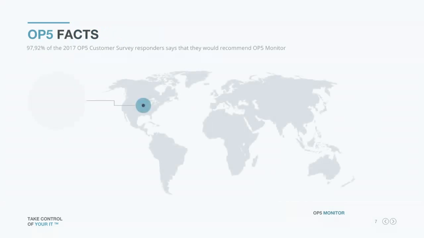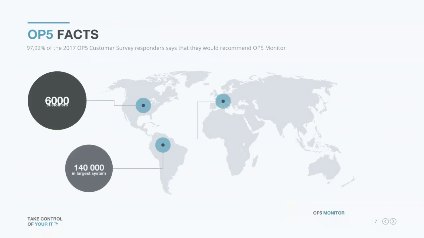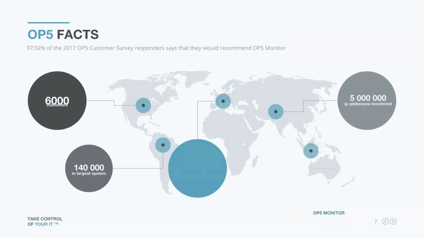Some OP5 facts. We have 6,000 customers across the globe. In the largest individual system, OP5 Monitor monitors 140 devices. We estimate roughly that our customers use OP5 Monitor to monitor roughly, I would say, 5 million IP addresses.